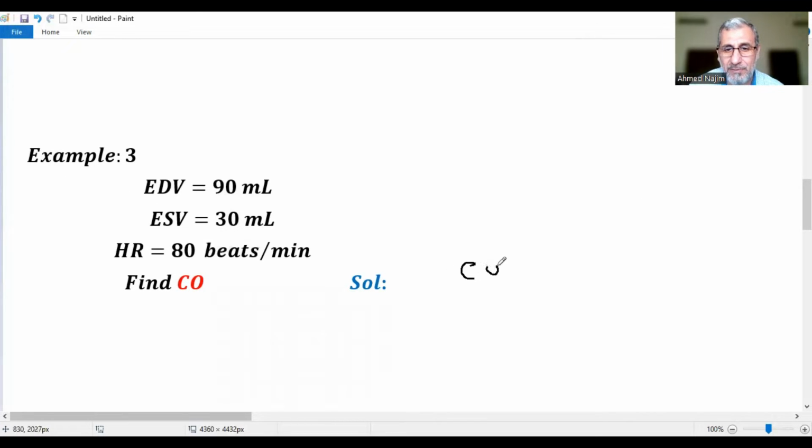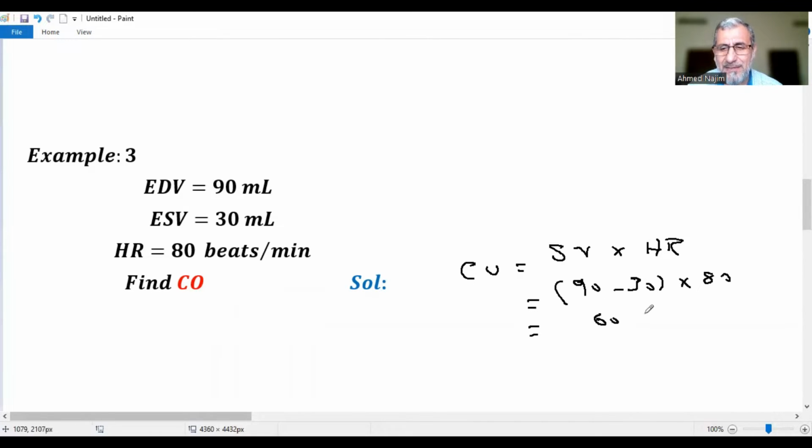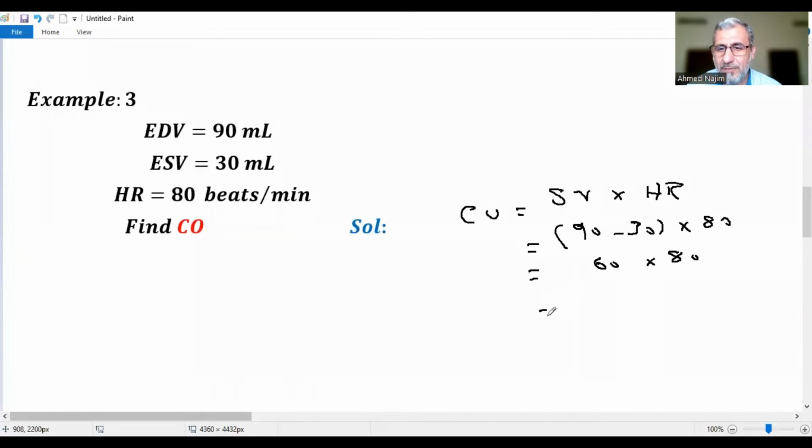Cardiac output equals stroke volume multiplied by heart rate, which is 90 minus 30, times 80, equal to 60 ml times 80 beats per minute, which is 4,800 ml. That means 4.8 liters per minute in this example.